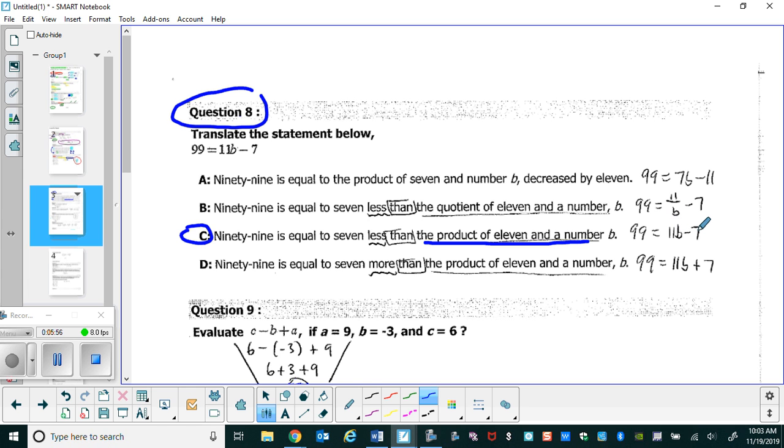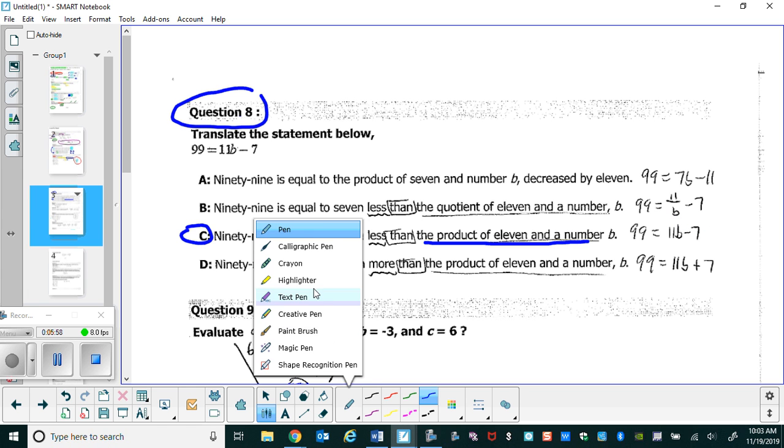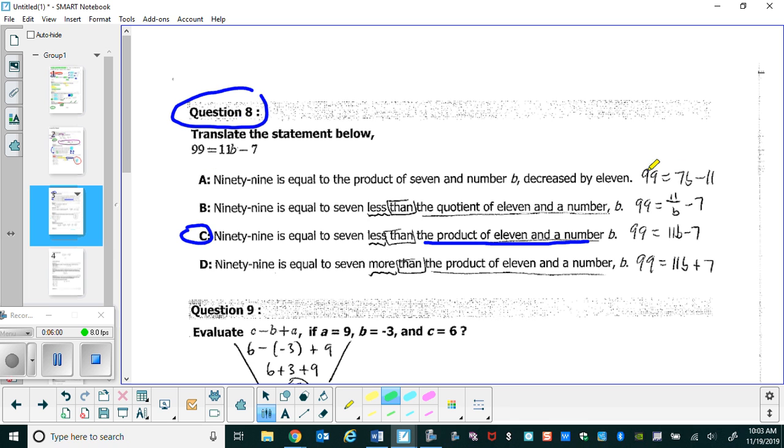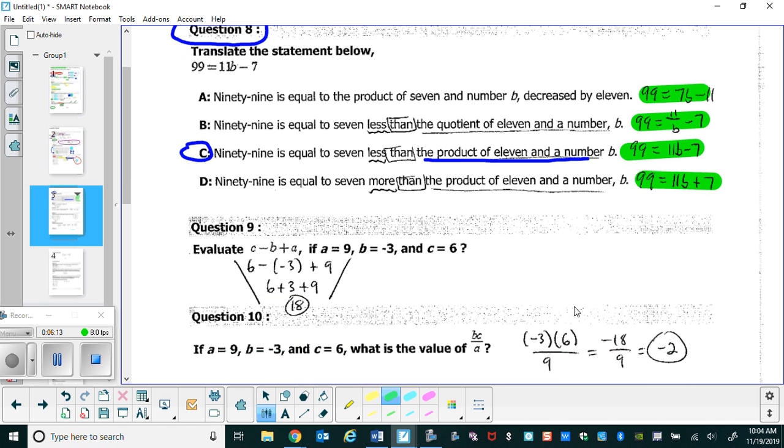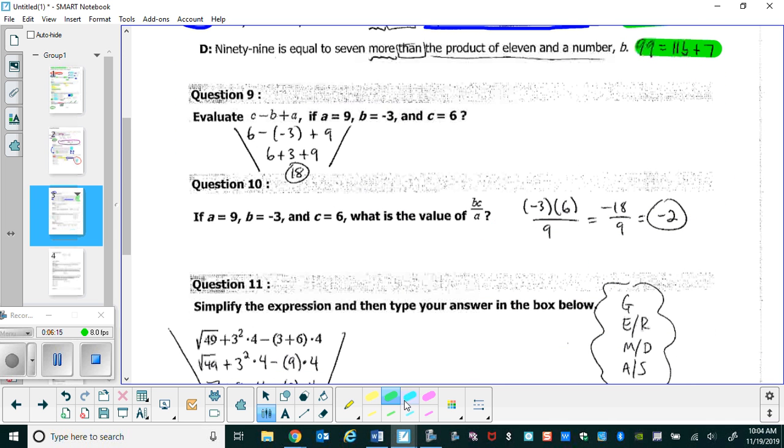Now show me 7 less than that. What I did here, folks, was I translated A, B, C, and D for you, so that if you picked either A, B, or D, you can kind of see what it would look like, and that can help you identify your mistake, okay?